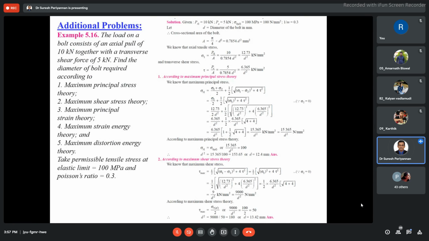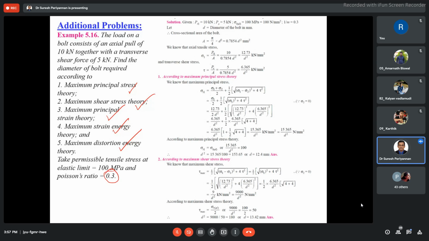Our aim is to find the diameter of the bolt required, based on the maximum principal stress theory, maximum shear stress theory, maximum principal strain theory, maximum strain energy theory, and maximum distortion energy theory. We are going to apply all 5 theories and find which dimension is suitable. The permissible tensile stress is already given as 100 megapascal, and Poisson's ratio is 0.3.